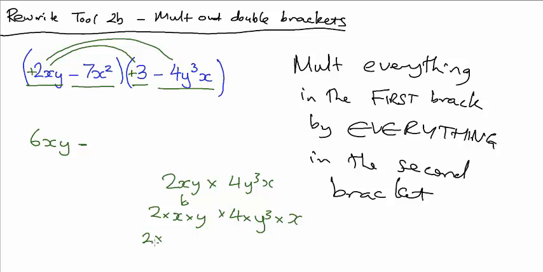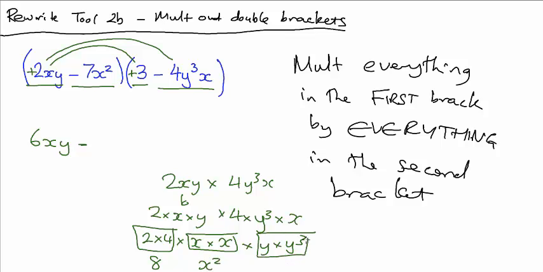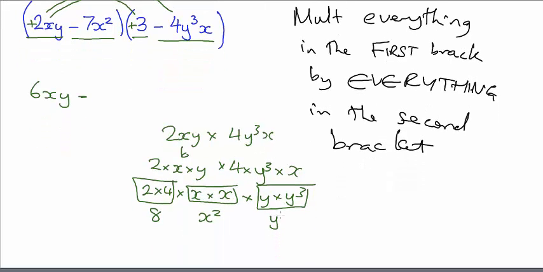So we're going to have 2 times 4 times x times y cubed. And now we're just going to pick them off. The two numbers multiply together to give us 8. x times x is x squared. And y times y cubed is y to the 4. That's it.